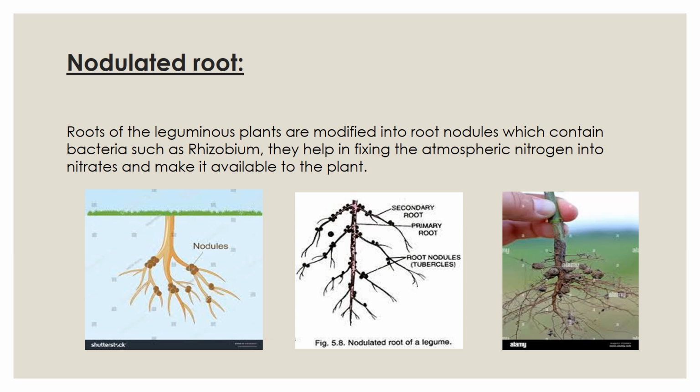Inside these nodules, there is a bacteria called rhizobium, and as I said, it helps fixing of atmospheric nitrogen to the plant. Okay, this is nodulated roots, and we can find it in leguminous plants.